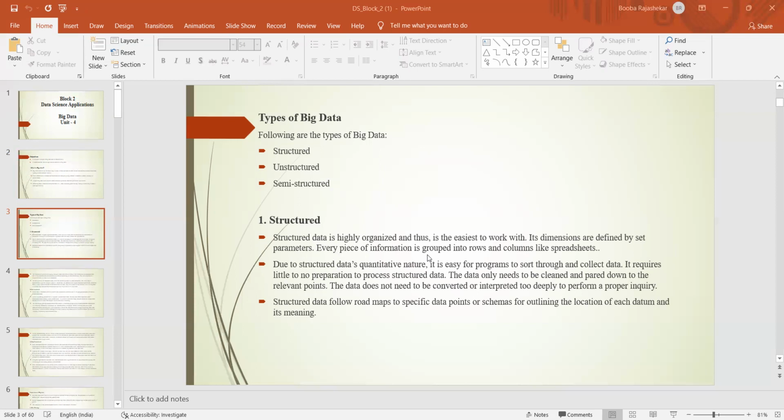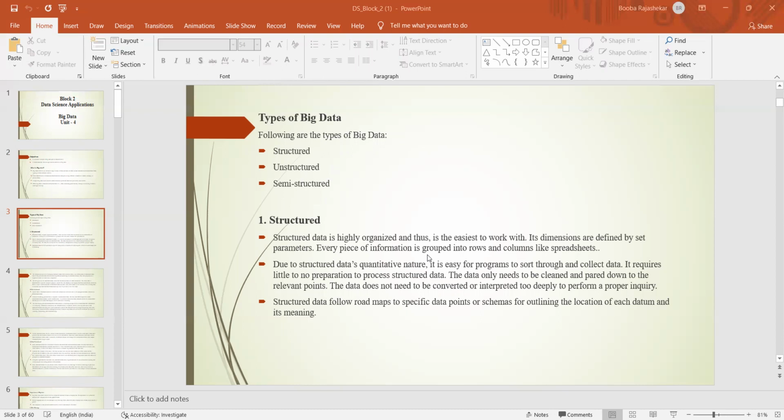Due to structured data's quantitative nature, it is easy for programs to sort through and collect the data. It requires little to no preparation to process structured data. The data only needs to be cleaned and pared down to the relevant points. The data does not need to be converted or interpreted too deeply to perform the proper inquiry.